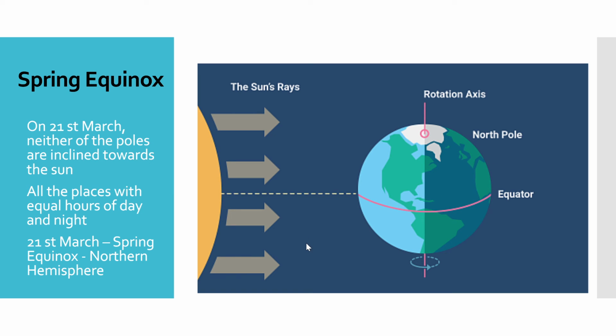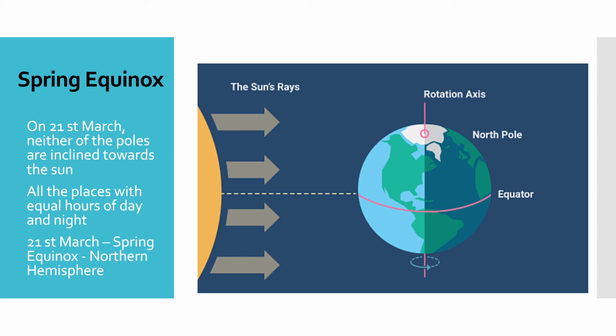Again, when the position changes and the earth is in the position where neither of the poles are inclined to the sun, all the places will have equal hours of day and night.